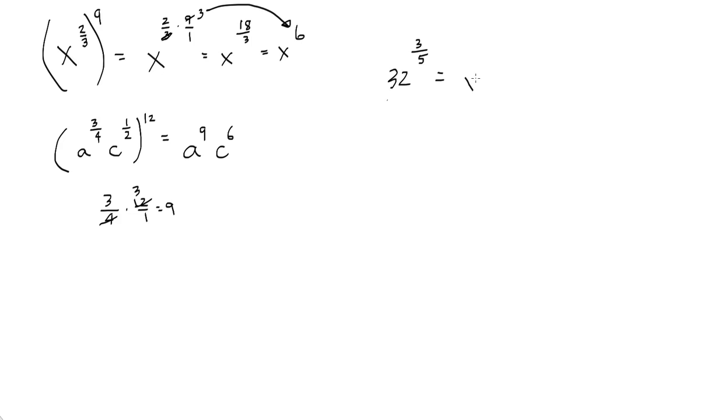And that is, we're talking about putting 32 under a radical sign. The denominator is the root. That's a 5. And our numerator becomes our power. So we have the 5th root of 32 raised to the 3rd.